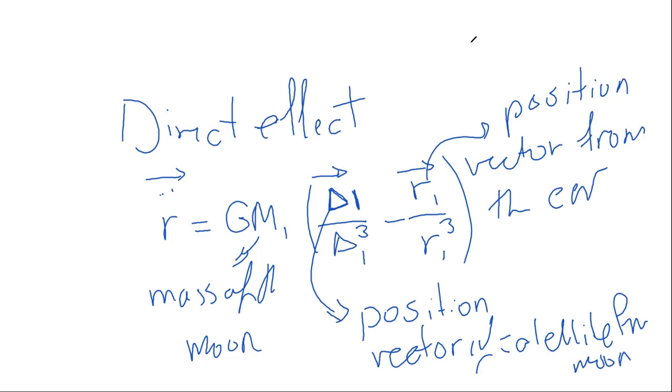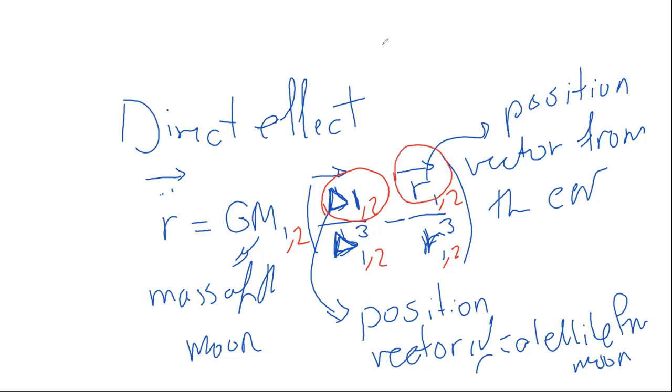So this one is a vector, and this is the absolute value of the vector, or the size of the vector. For the sun, I simply write 2. And if you want to consider sun and moon together, simply take the summation. For the sun, it is the satellite position with respect to the sun, and the satellite position with respect to the Earth.